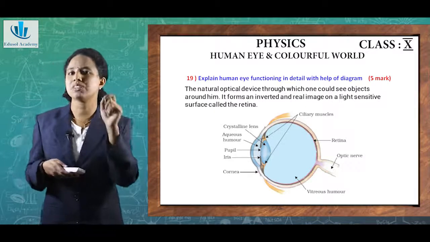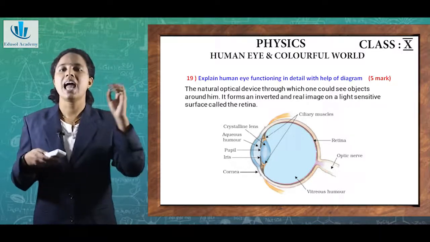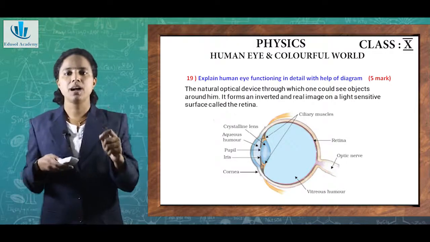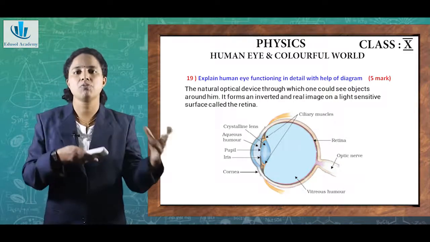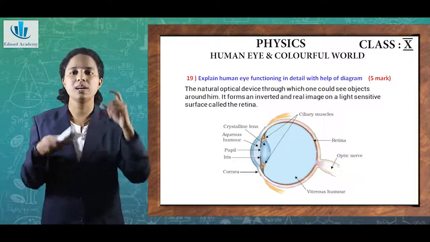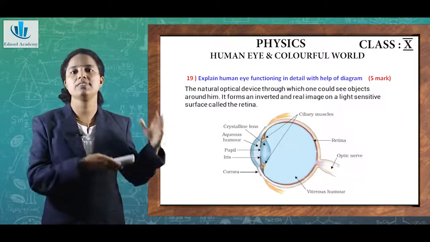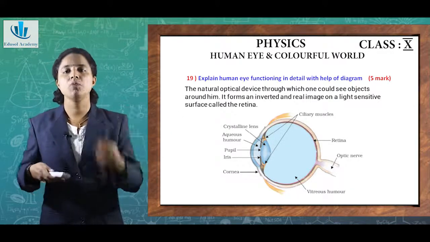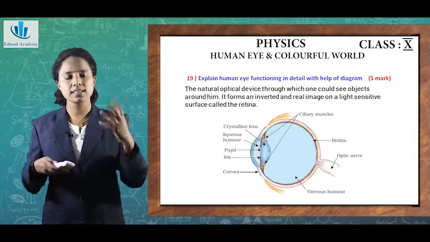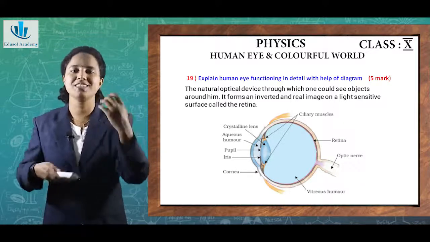And what is the main functioning of these ciliary muscles? We have already dealt with that. Ciliary muscles help in the power of accommodation of our eyes, isn't it? They help the eye lens to adjust its focal length. These muscles hold the eye lens in position and change the focal length of the eye lens so that finally sharp images are formed. For example, when we see a nearby object, these ciliary muscles contract, and thus the focal length will decrease and we are able to see the object clearly.